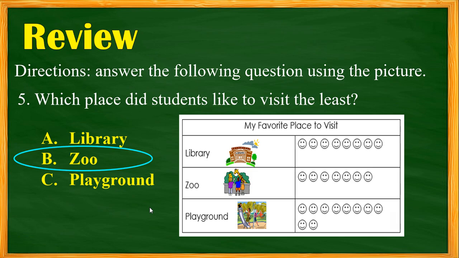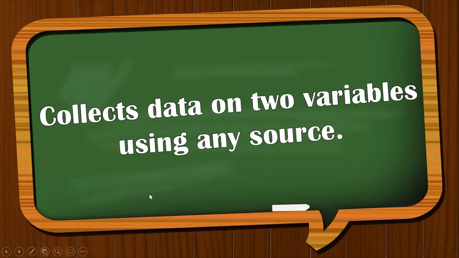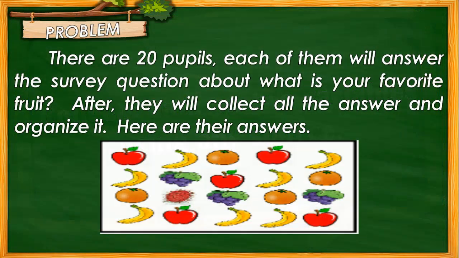Okay, so let's proceed to our main topic for this day. We're going to collect data on two variables using any source, and we're going to organize data. So let's proceed to a problem first. There are 20 pupils. Each of them will answer the survey question: what is your favorite fruit?